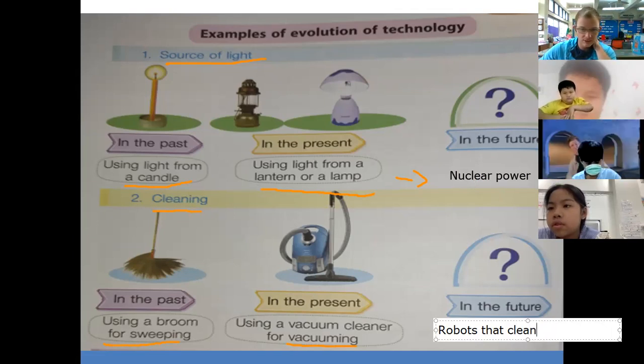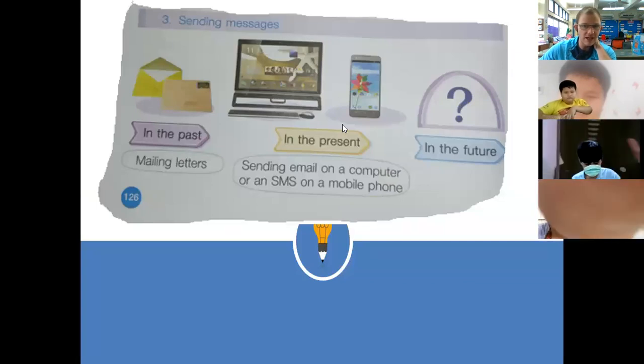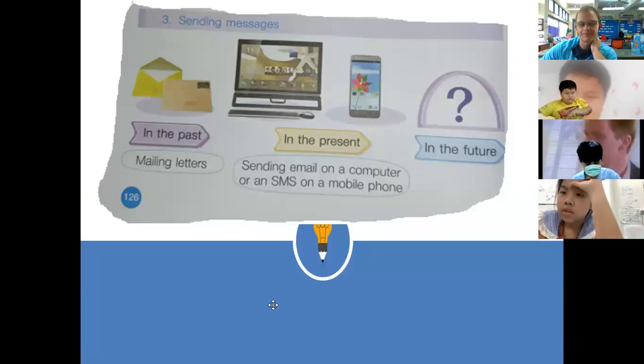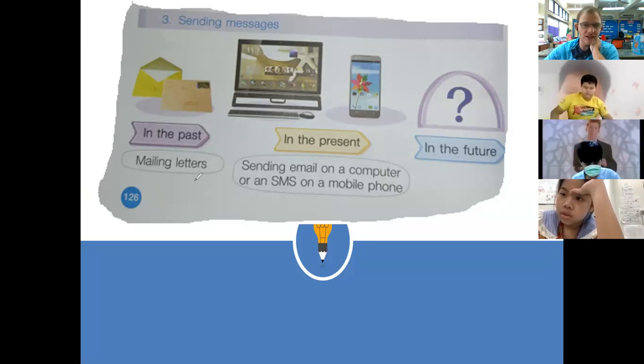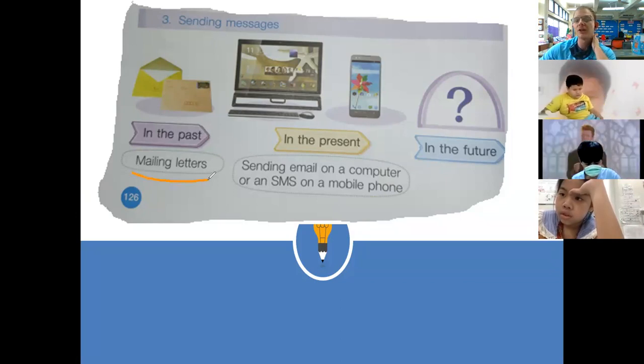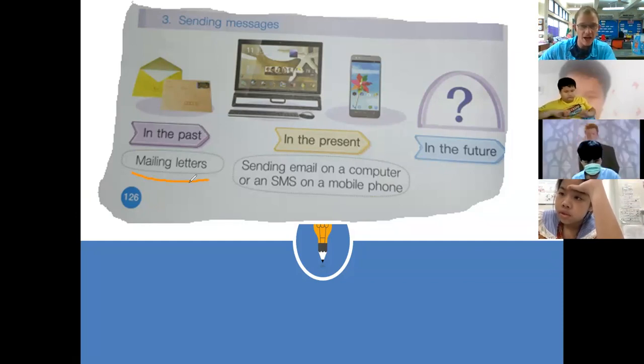Okay. And the last one, sending messages. So in the past, when I was still a kid, we didn't have cell phones. We had to send a letter to your friend using the post box or the post office. Now in the present, we have mobile phones for SMSs.